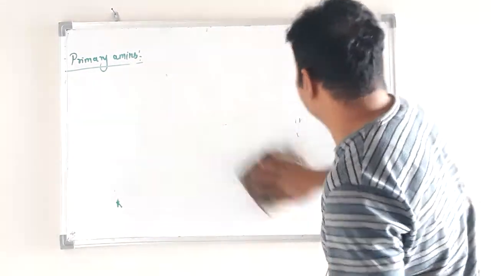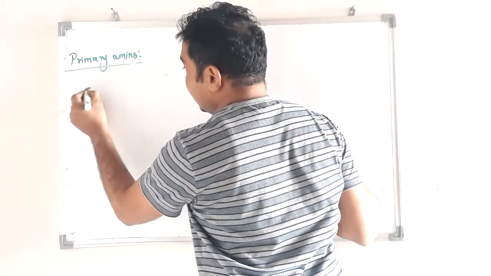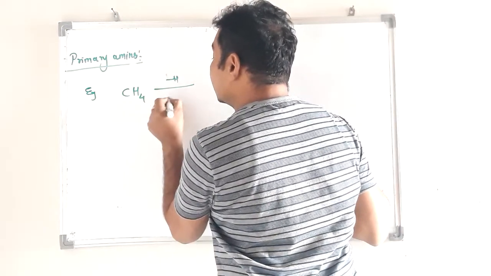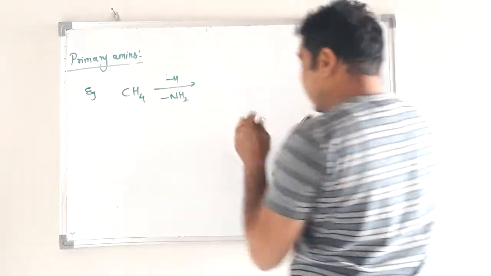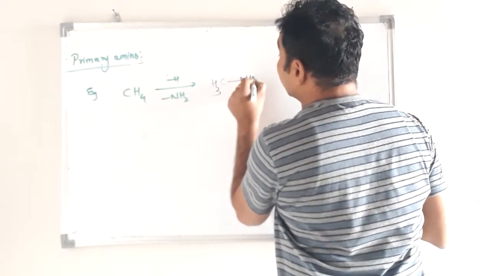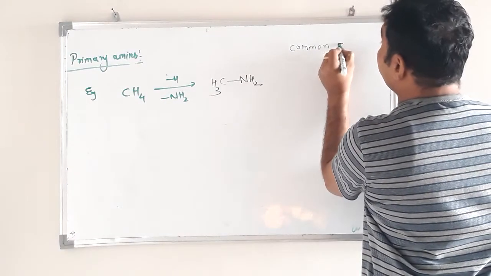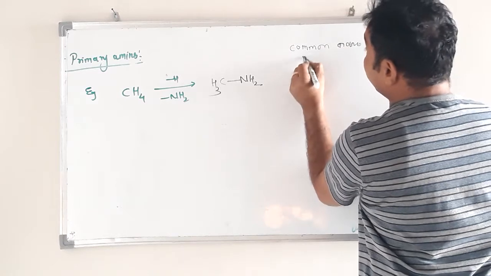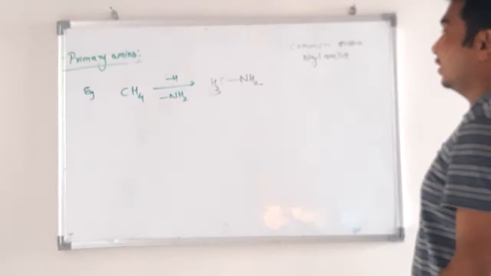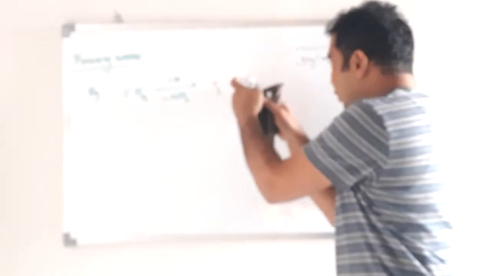Okay, now various examples are there. For example, take methane, replace one hydrogen by an amino group, then you will get CH3NH2. And the common name of primary amine is alkylamine. We have to name the alkyl group followed by the word amine.